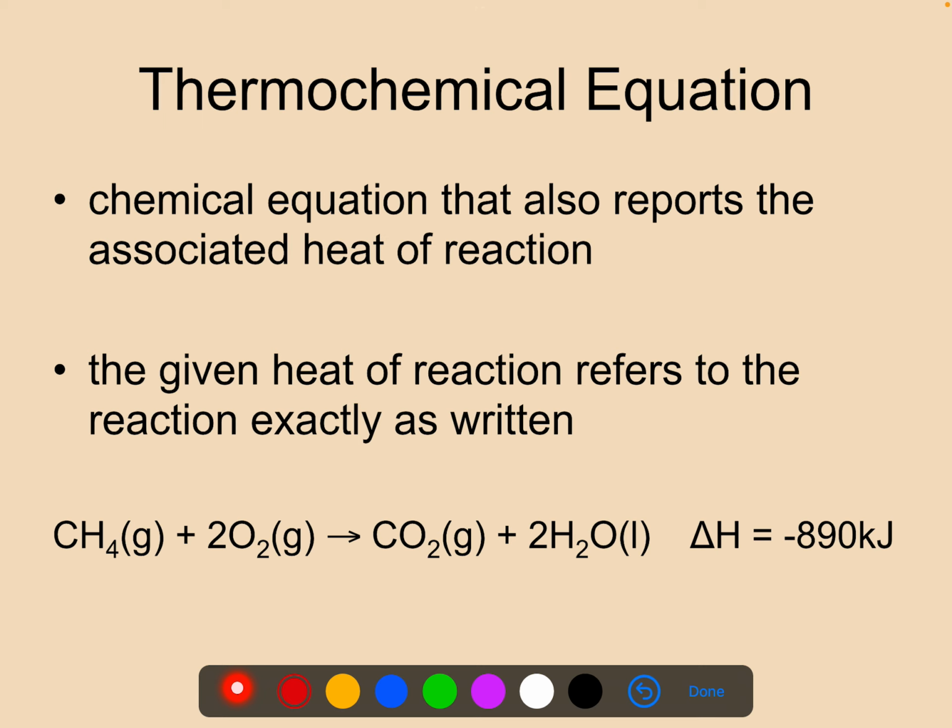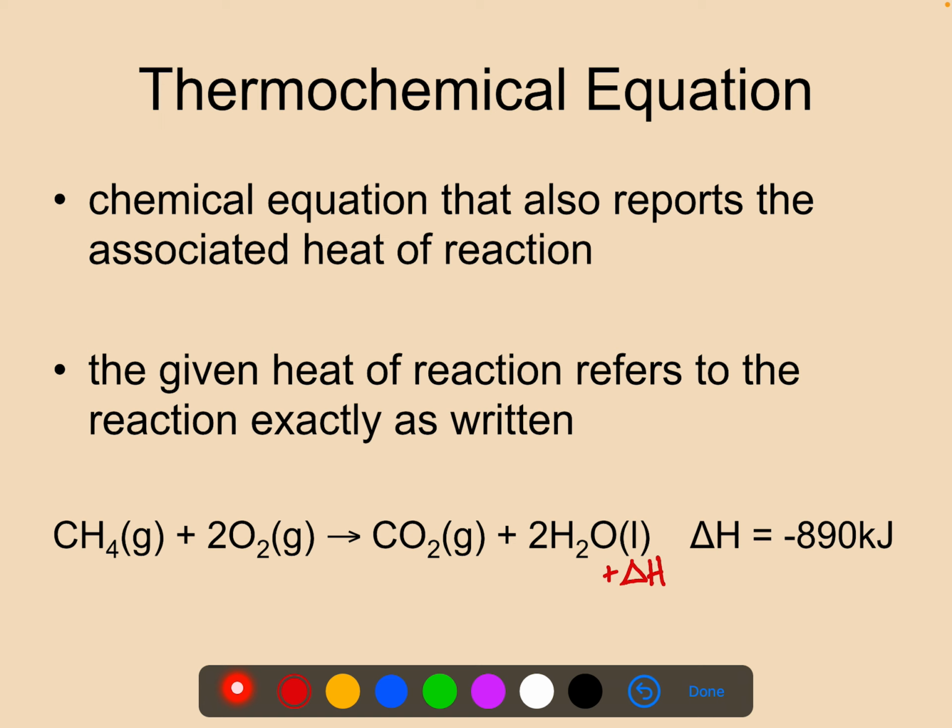We have methane and oxygen reacting to produce carbon dioxide and water. The delta H value here is negative, meaning it is releasing energy. So this is releasing 890 kilojoules of heat. In an instance like this, you might see heat as a product because it is releasing heat. You may see it written separately, or it may be part of the equation itself.